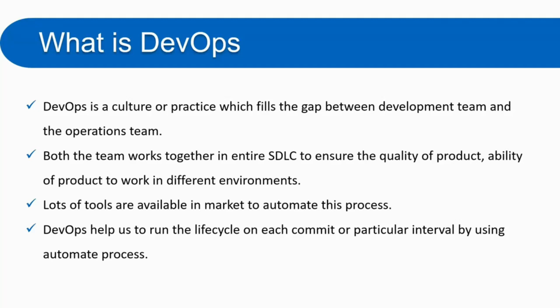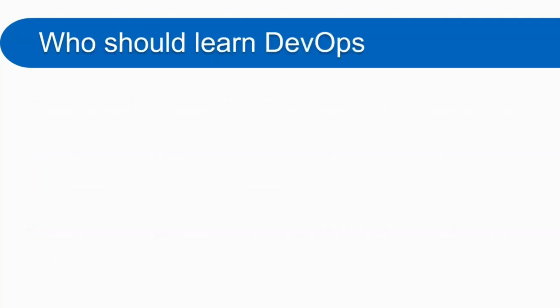Whenever you push the code, it will build automatically, it will test automatically, and it will deploy automatically. And other operations which are available there will happen automatically. So basically, we are taking care of each commit of the software development to ensure the quality and other aspects of the product. So that was all about the introduction to what is DevOps.